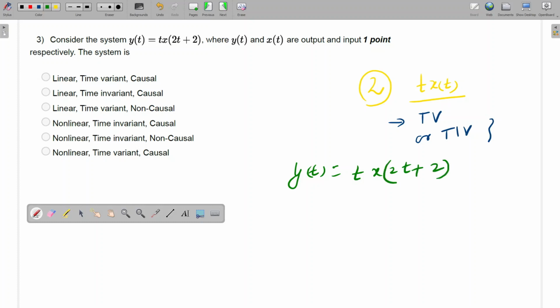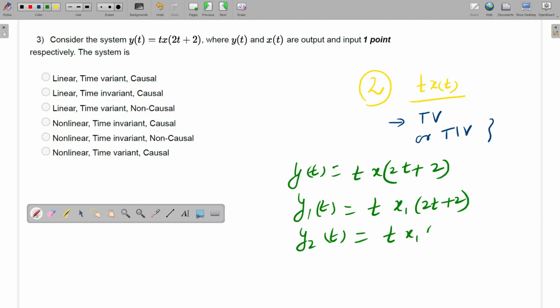First we'll do y1 of t. So y1 of t will be t into x1 of 2t plus 2, and y2 of t will be t into x2 of 2t plus 2. And what would be y3 of t? What do you think?